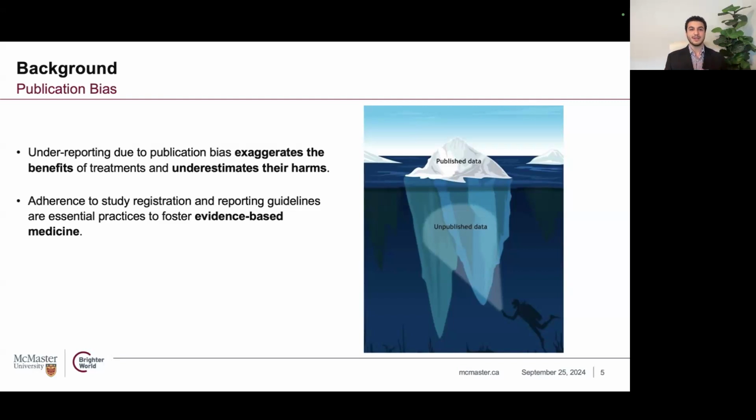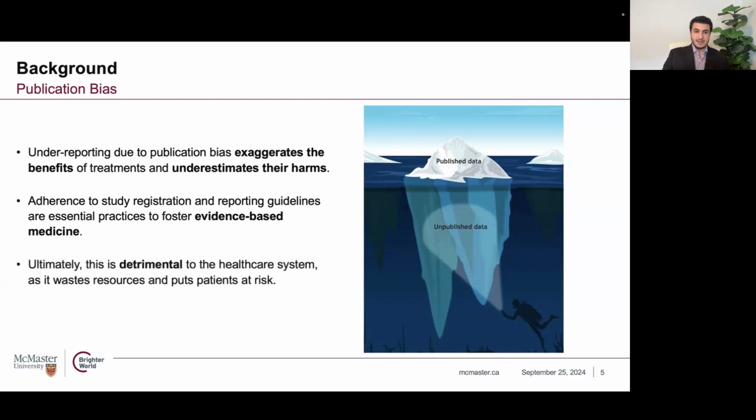So we try to adhere to study registration and reporting best practices in order to minimize these outliers. And that said, as it's pretty evident by now, a lack of regulation is detrimental to the healthcare system as it wastes resources and puts patients at risk. So as I've seen in some of our previous talks here at the Method series, certain meta-analyses, for example, consist of hundreds of studies that themselves are filled with a certain amount of bias, therefore making the ultimate conclusion or guideline skewed and inaccurate.